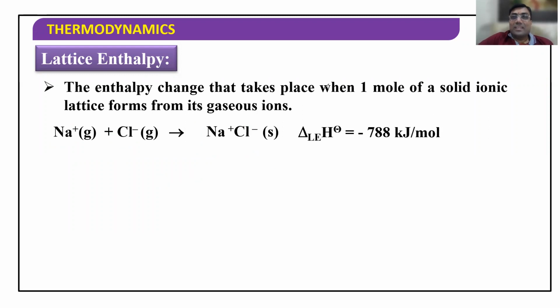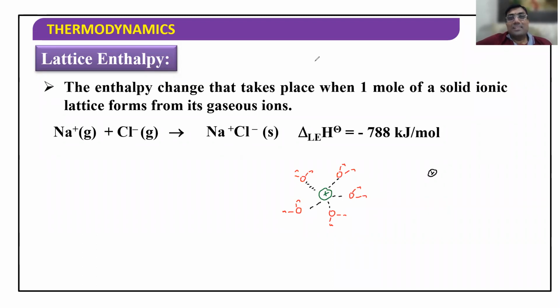Similarly, hydration energy is the amount of energy released when the ion gets solvated. See, this is an ion, for example Na plus. Now water molecules are coming around. When water molecules come like this, bonds will be formed.